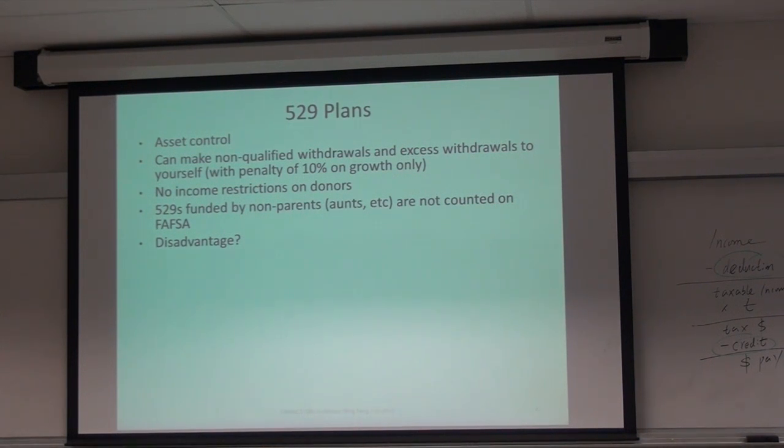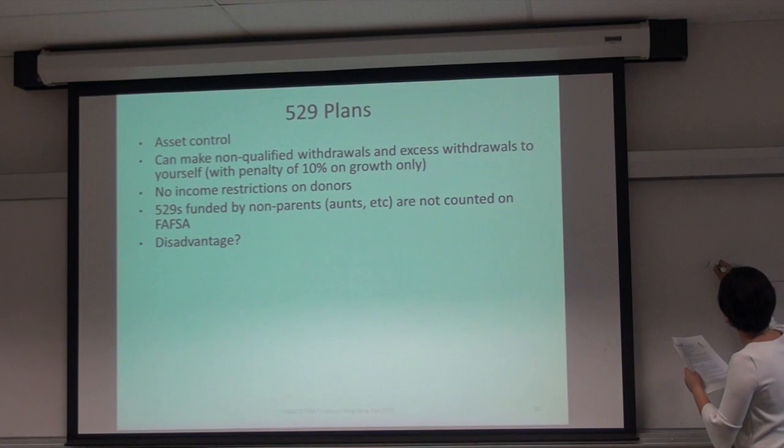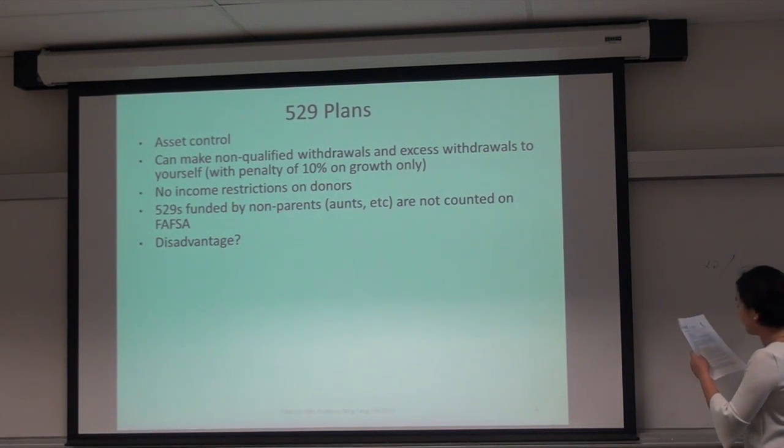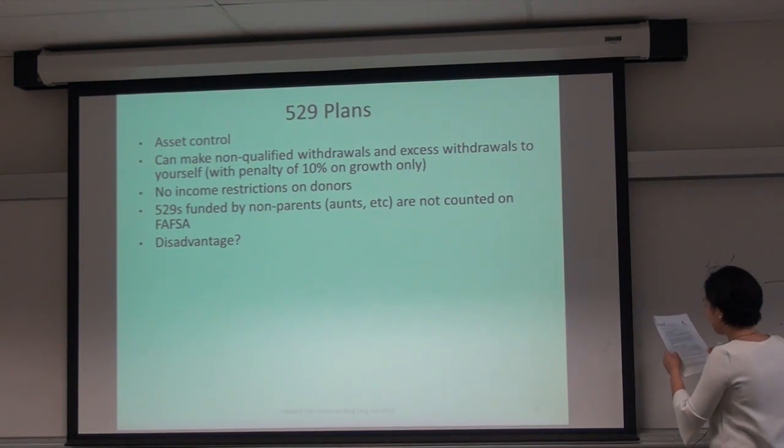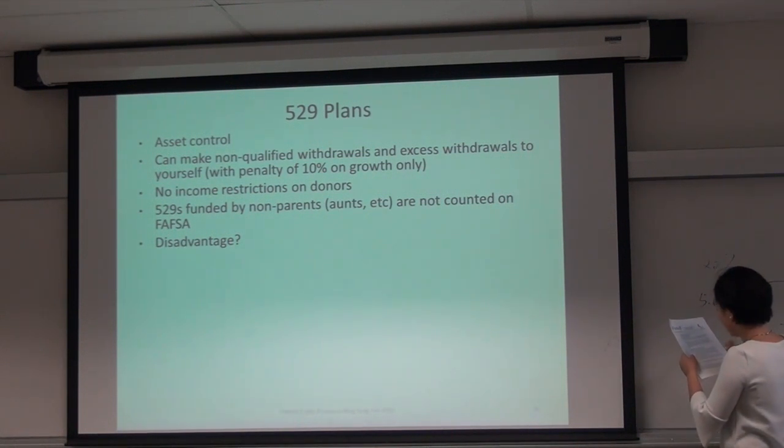Let me see the rate. Children's assets are assessed at 20%. So if you have $1,000, they assume $20 will go to pay for your education. Parents' assets, the top rate is 5.64%.